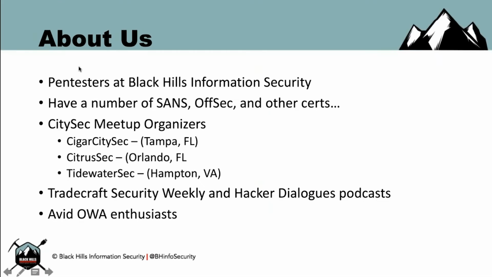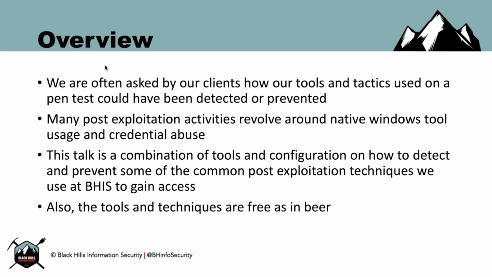So we did a presentation at DerbyCon on some things that we see with a lot of clients, like attacks that work over and over again. And we're often asked, how do we detect those things? What could we have possibly done to detect the things that you did, mainly after post exploitation?